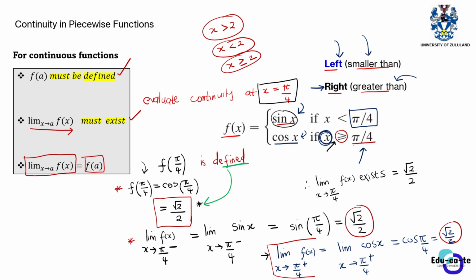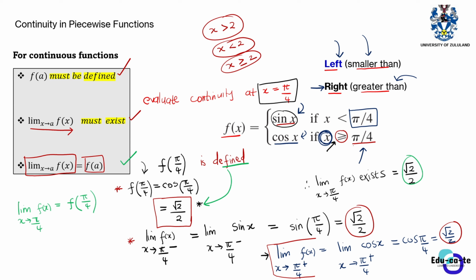And the value that you approach, which is the limit, is also square root 2 over 2. So the limit as x approaches pi over 4 of this function is the same as the y value at pi over 4. So the third condition is also satisfied.